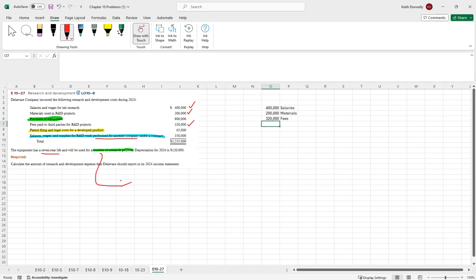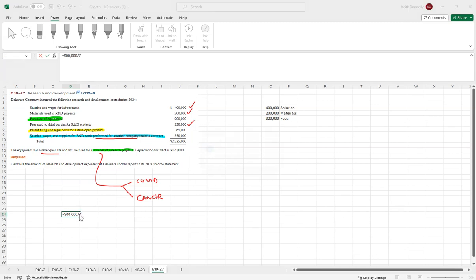If you go back to the PowerPoint, we said whenever the stuff we buy for R&D has alternative uses, like if we're figuring out COVID, plus we're going to use the equipment to help us find a cure for cancer, that has multiple uses. So we have the equipment for 900,000 and it has a 7-year life.